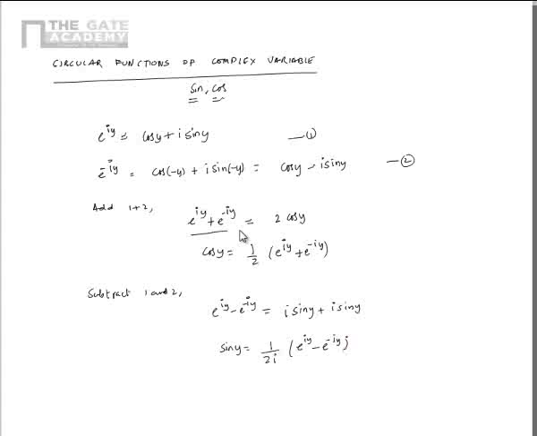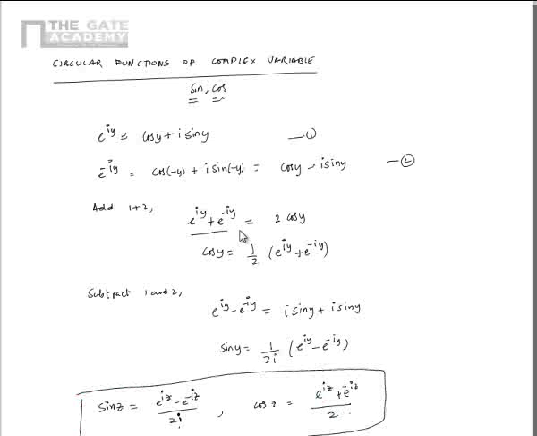Going by a similar philosophy, sin z, the sine of a complex number, is defined as e power iz minus e power minus iz by 2i, and cos z, the cosine of a complex variable, is defined as e power iz plus e power minus iz by 2. So this is how sine and cosine of complex variables are defined.